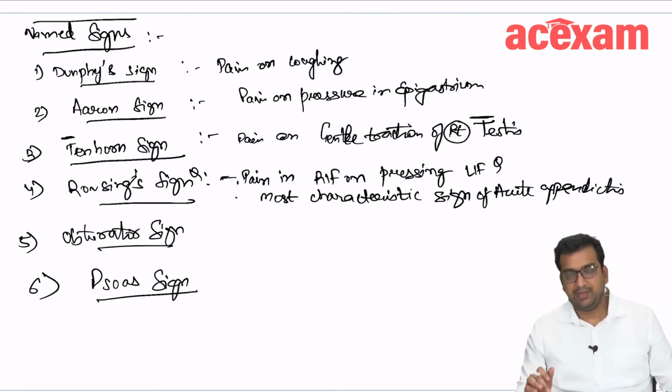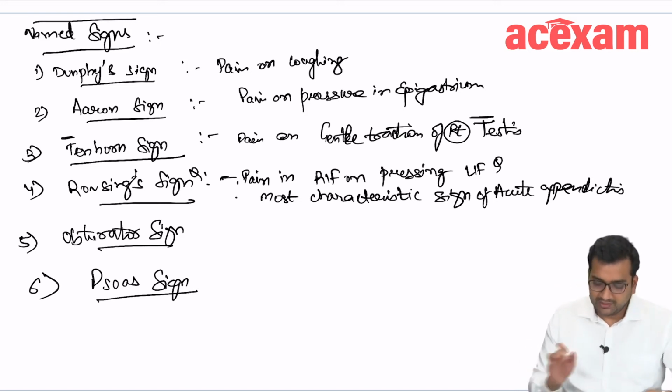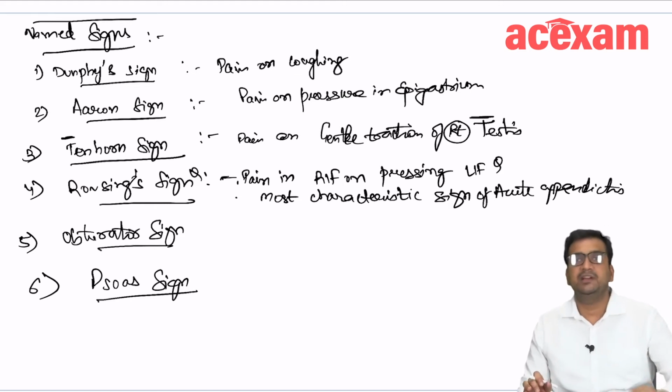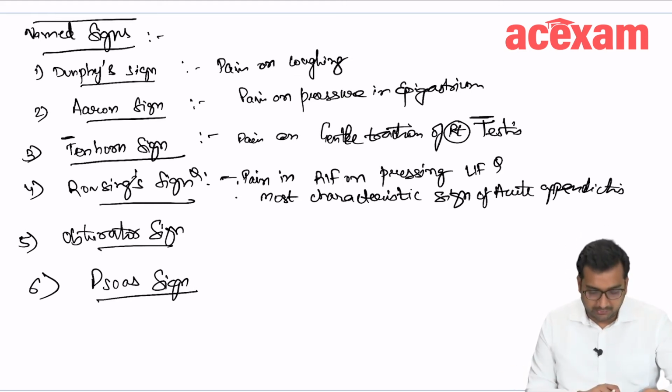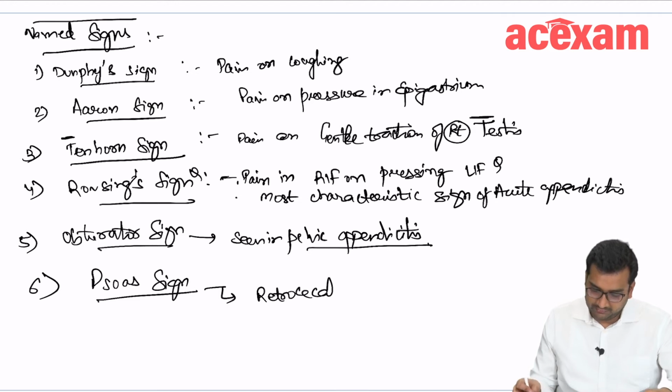Now regarding the obturator sign and psoas sign, I will first tell you that they are seen only in a specific type of appendicitis. For example, the obturator sign is seen in pelvic appendicitis, and the psoas sign is seen in retrocecal appendicitis. Okay, these two are important.